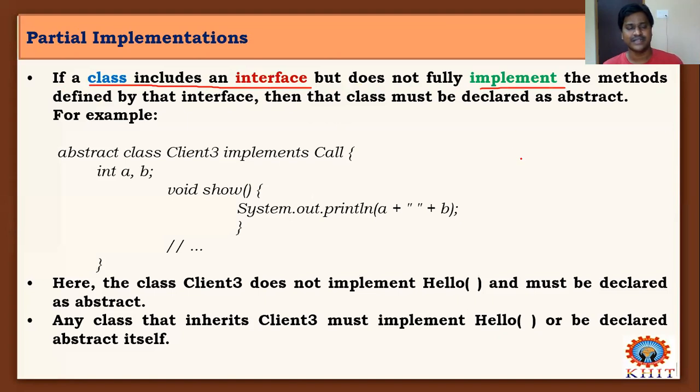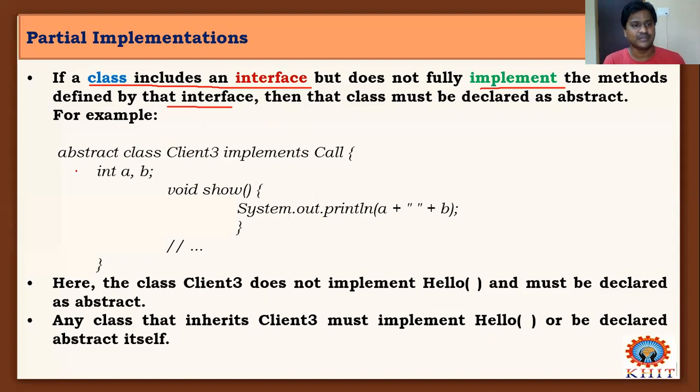The condition is that when a class implements an interface, it should implement all the methods defined by the interface. But if this class does not fully implement the methods defined by that interface, that is allowed in Java programs, but that class must be declared as abstract. Then only this will be valid in Java implementation.